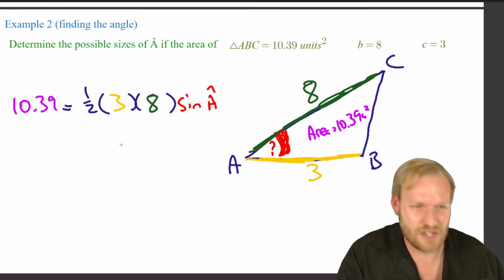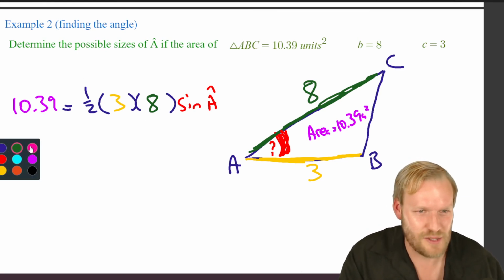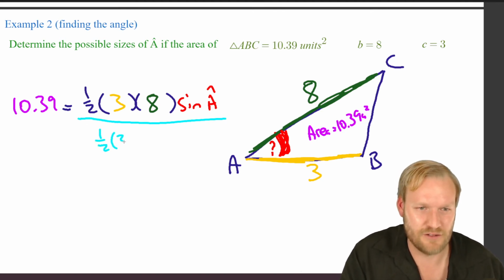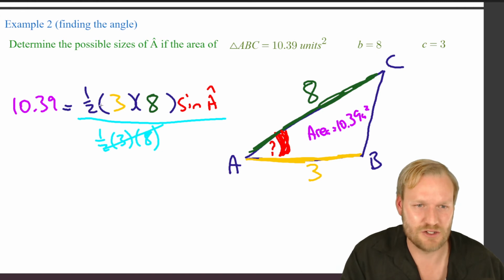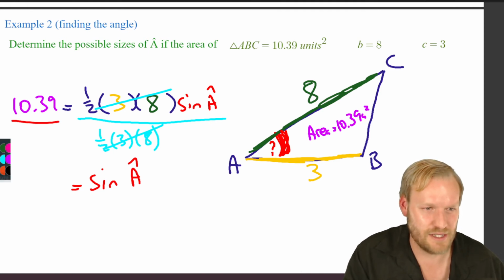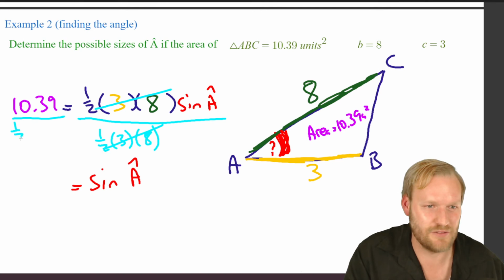Okay, so let's rearrange our equation here. If we take this equation and we divide it by a half, 3, 8, those would cancel and we'd just have sine A on this side. And what you do on one side, you do on the other. So let's divide that by 3, 8.